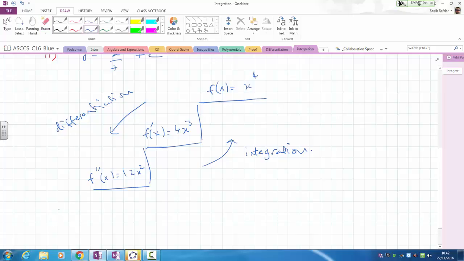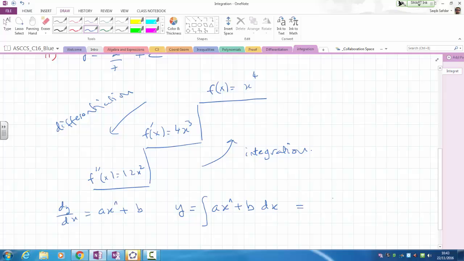Let's say dy over dx equals ax to the power n plus b, then y equals the integral of ax to the power n plus b dx.